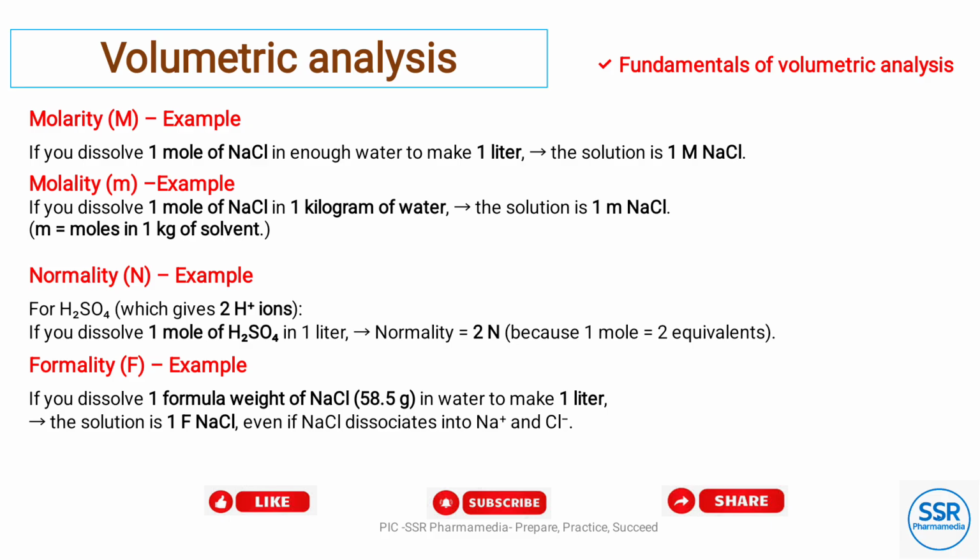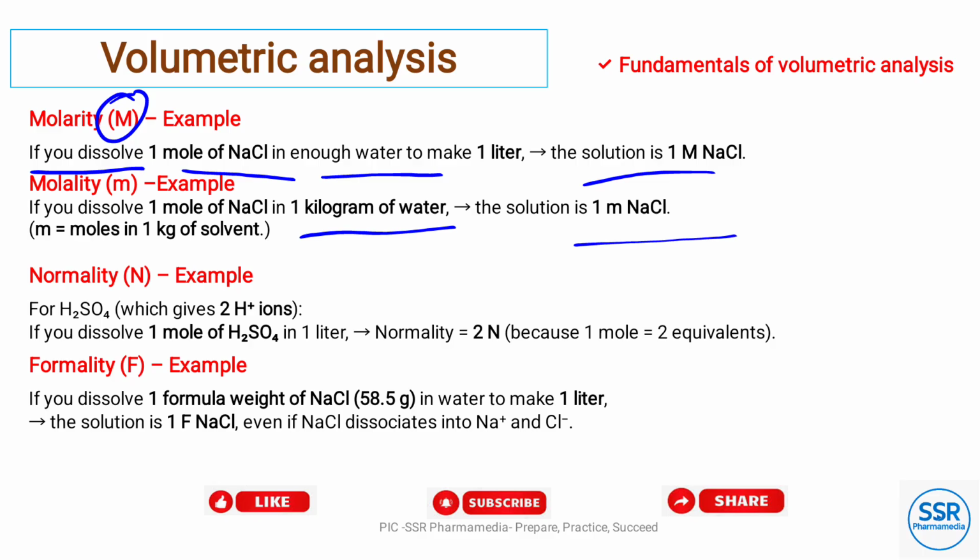Molarity has the symbol capital M. If you dissolve 1 mole of sodium chloride in enough water to make 1 liter, this solution is 1 molar sodium chloride. For molality, 1 mole of sodium chloride in 1 kilogram of water gives molality, with the symbol small m.